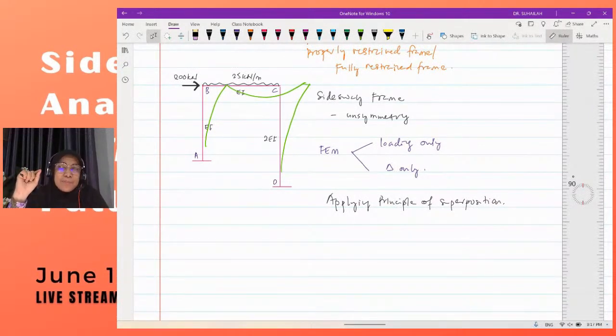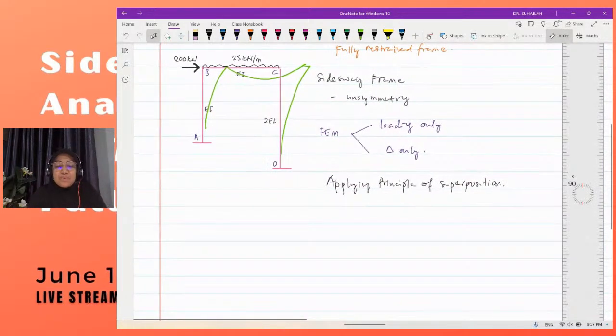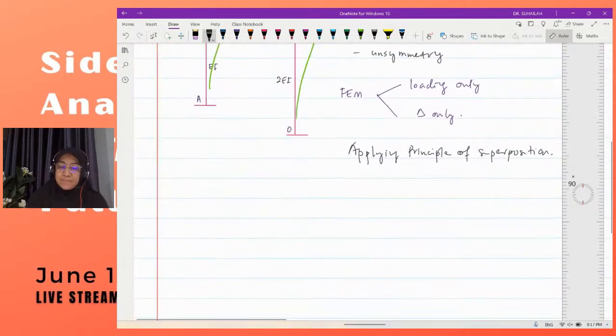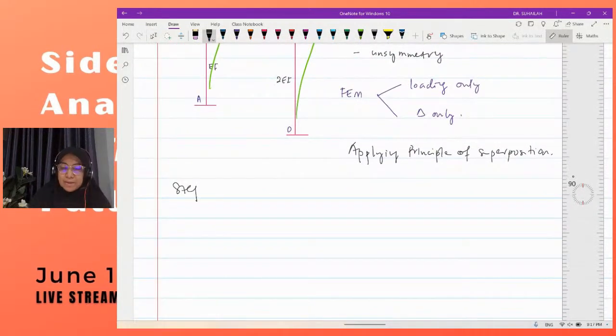So we have four steps, and we will start with the first step. Step number one, we want to calculate K and DF.